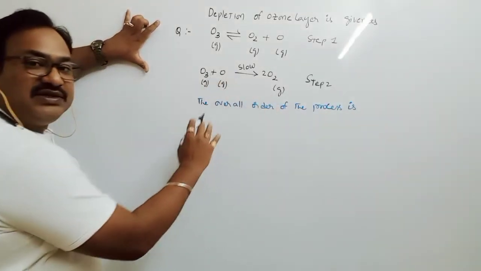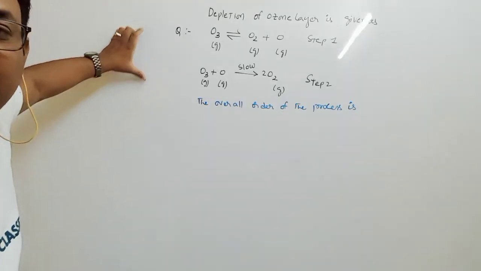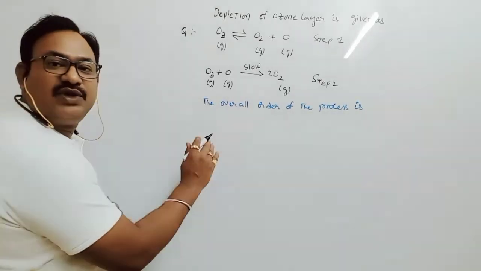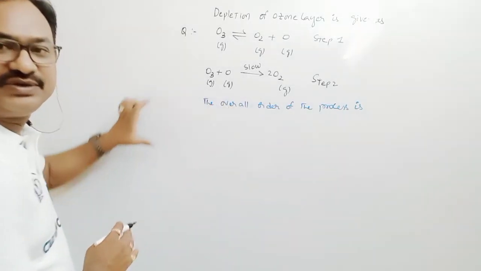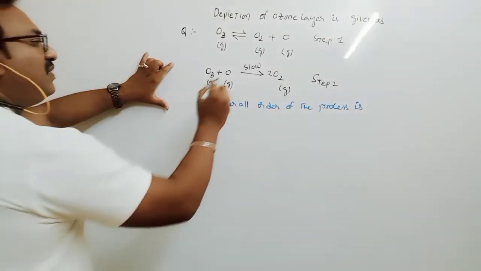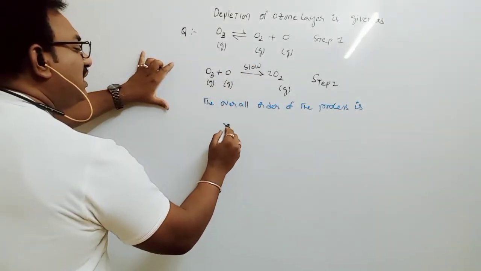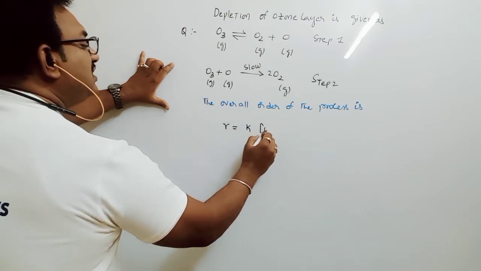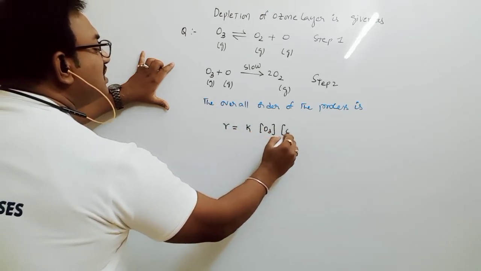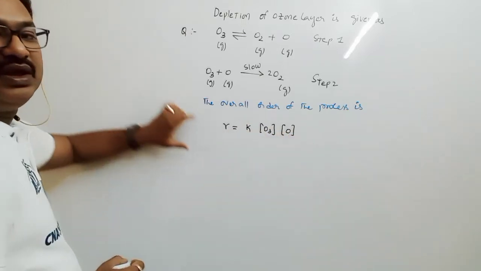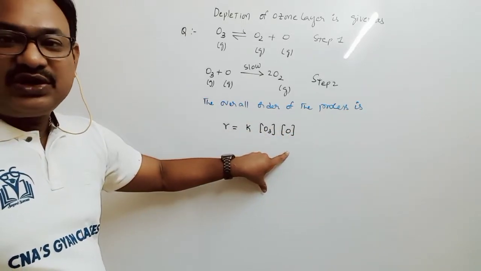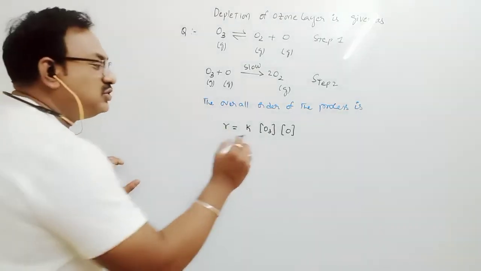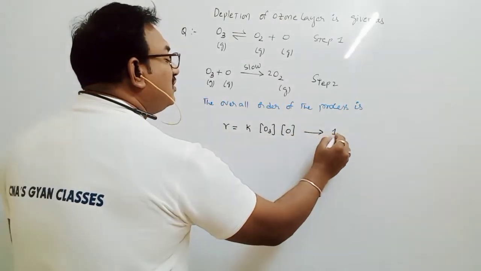From the slow step of the process, rate R equals K into concentration of O3 into concentration of nascent oxygen. But nascent oxygen is not a product, it is a reaction intermediate. So make it as equation 1.